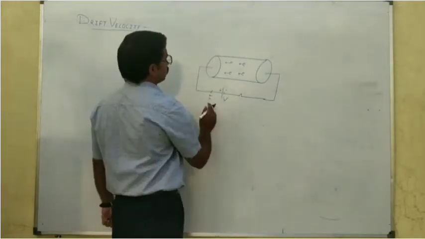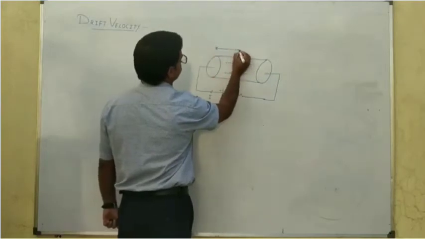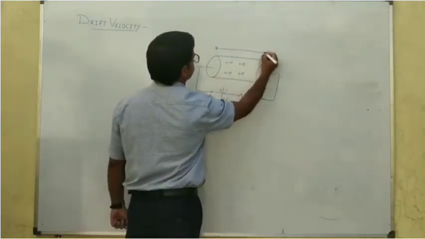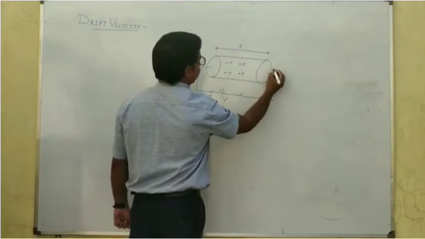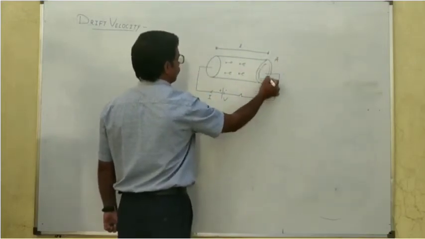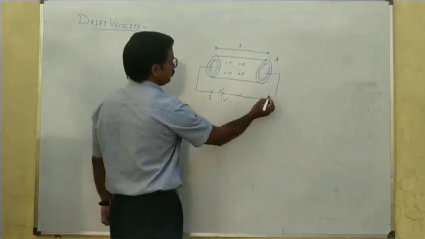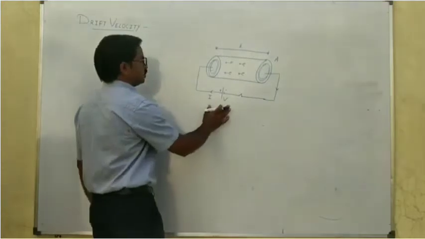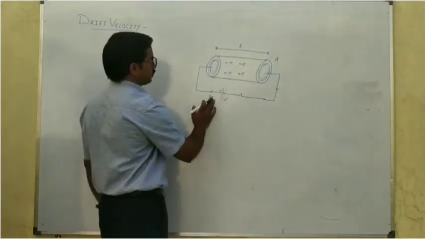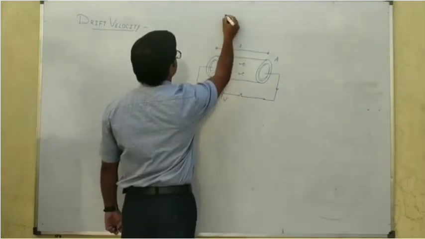So our known terms are electronic charge, length of conductor, area of cross section, potential difference, mass of electron, current. So I write here all the known terms.